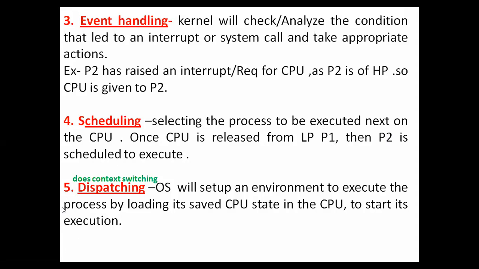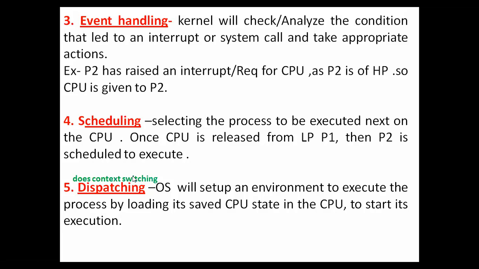And the last block is dispatching, right? The main function of dispatching is to perform the context switching. The word context switching means that you preempt the first process and start the execution of another process. So the switching of the CPU from one process to another process, we call context switching. And for context switching, we need to go for the context save.